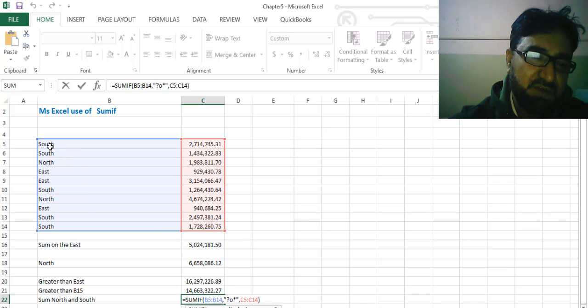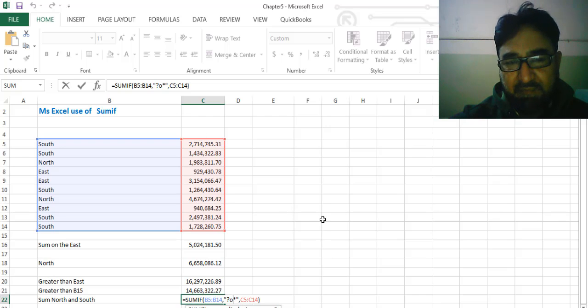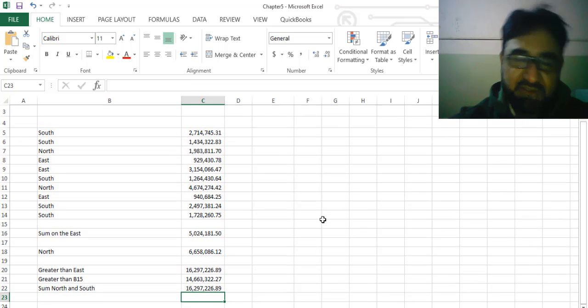So we can see that O is used in south and north. So Microsoft Excel is taking into consideration the total of south and the total of north, because these words contain O, comma, then we give the range for this. This is how we can analyze our data.